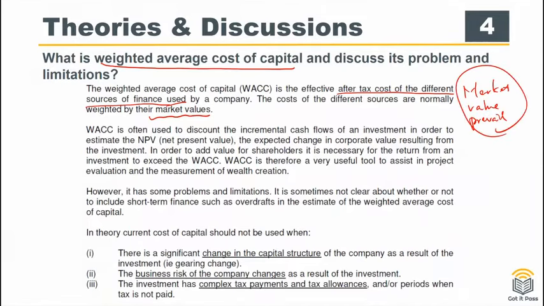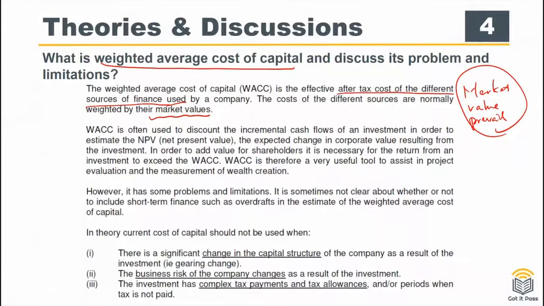So bear in mind market value should be adopted in your calculation of WACC. And WACC is often used to discount the incremental cash flows of the investment in order to estimate the NPV. So WACC is good because it is used as the discount rate for all cash flow generated in future, so that the NPV can be found.